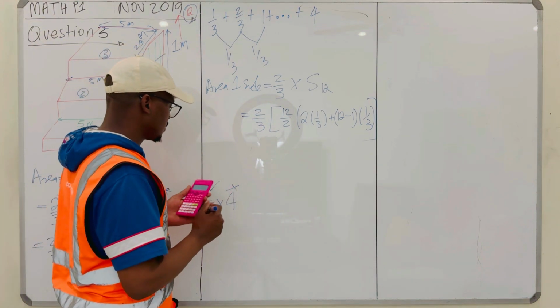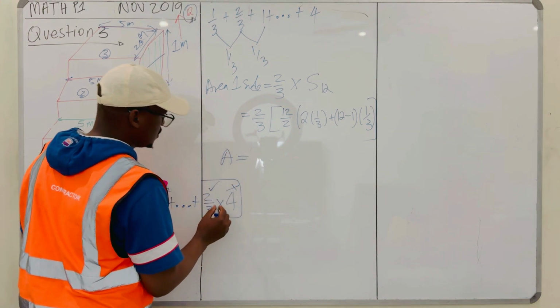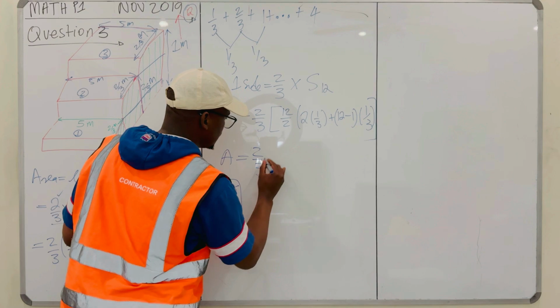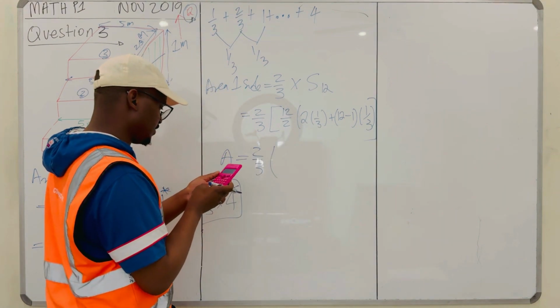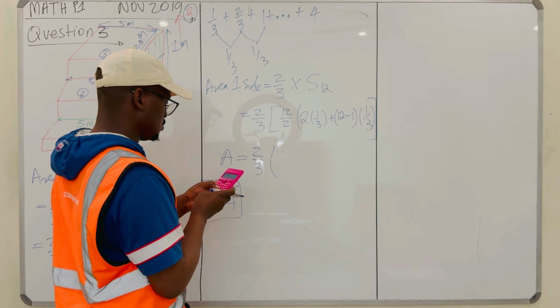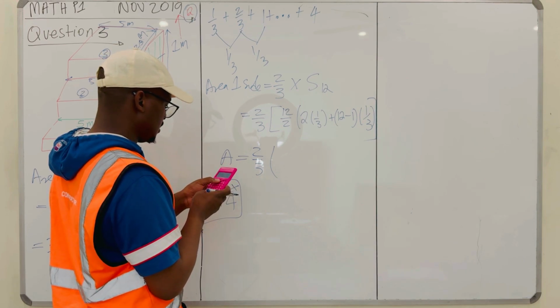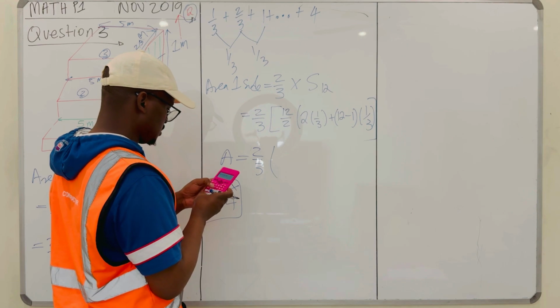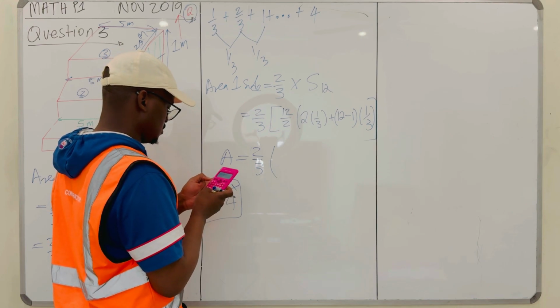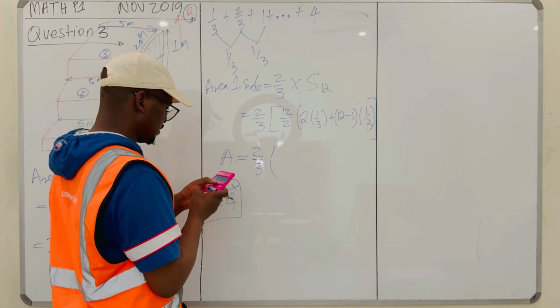Okay, found my calculator. So our area is equal to what? It's equal to 2 over 3 times whatever the answer of that is. So 12 over 2 into 2 times 1 over 3 plus 12 minus 1 times 1 over 3.